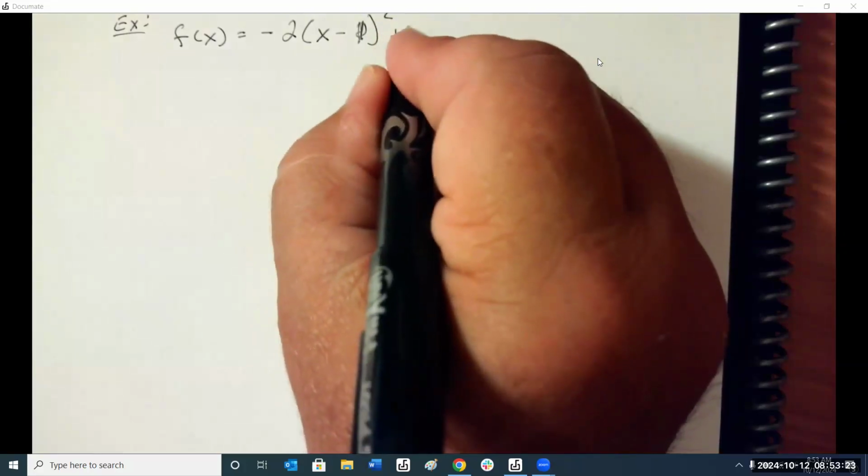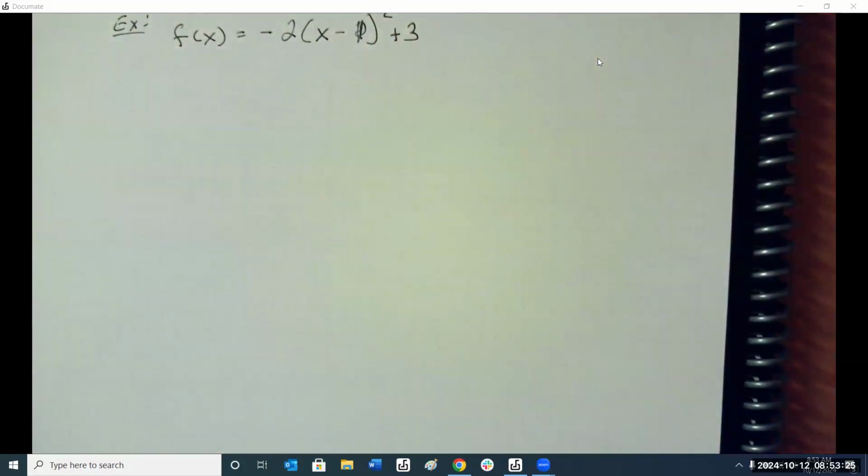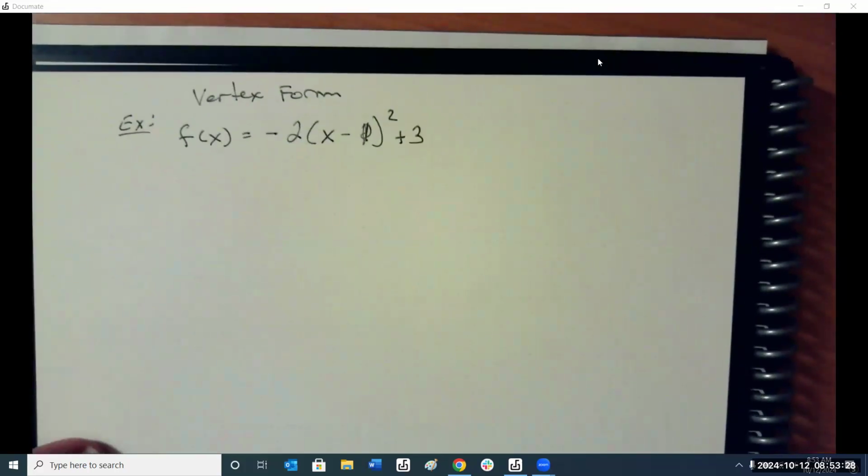Let's look at this, a vertex form. f of x equals negative 2 times x minus 1 squared plus 3.